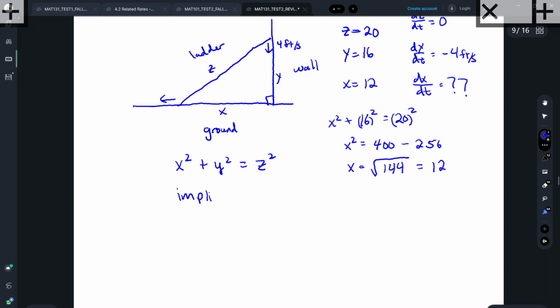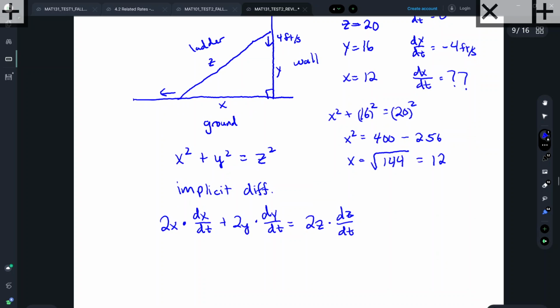So we do implicit differentiation to every variable, right? The derivative of x squared would be 2x, but then we times dx/dt. The derivative of y squared would be 2y, but then we times dy/dt. And then the derivative of z squared would be 2z, and then times dz/dt.